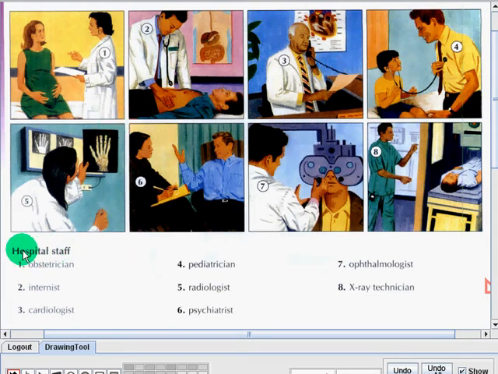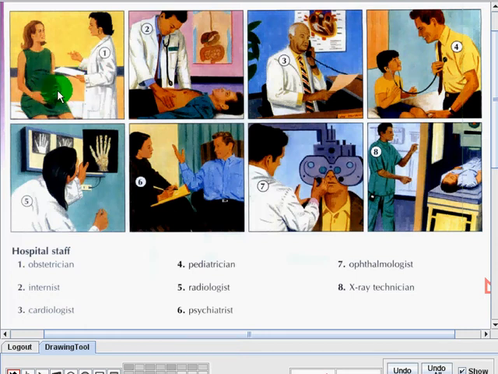So in number 1 we have the term obstetrician. An obstetrician is a medical doctor whose specialty is pregnancy and childbirth.